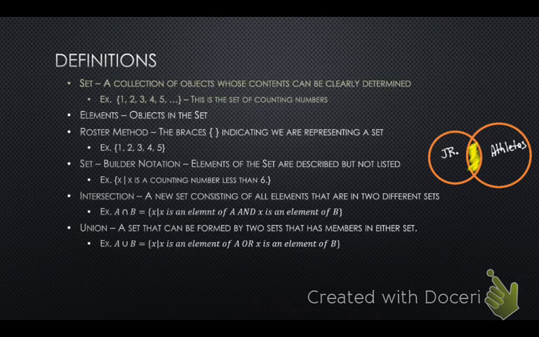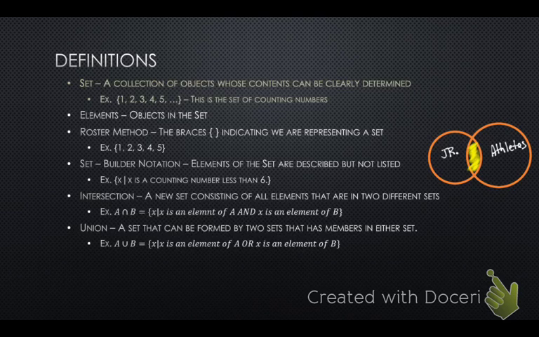Now, at the same time, the union is going to be one where it's one or the other. So an intersection is a very small, defined group of people, where the union is going to be a lot larger because it's one or the other.